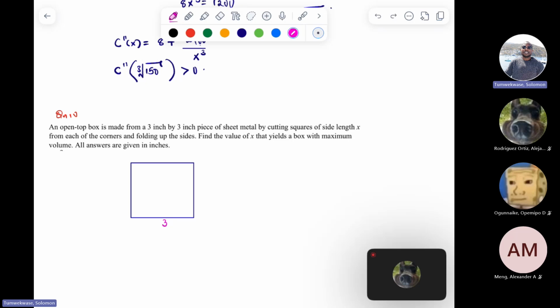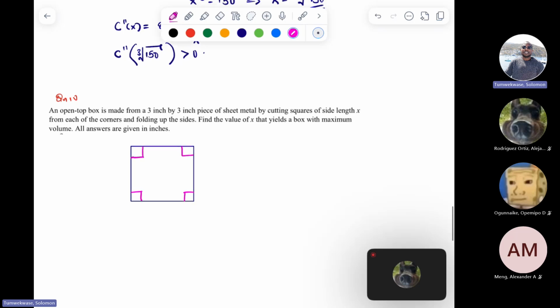Now what they are saying is that we are cutting squares of length x at each of the corners. So we are cutting some small squares right here at each of the corners, and these squares have the length x, right?